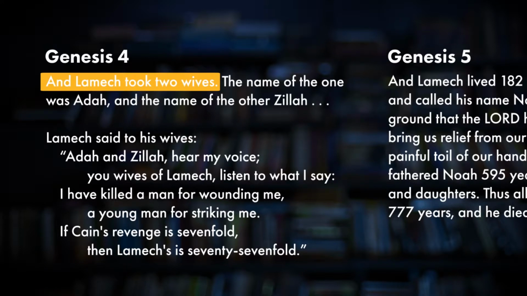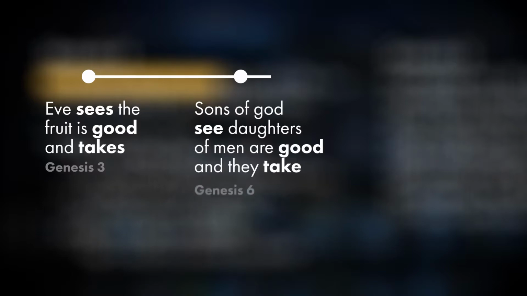Now, in the Bible, there's this pattern that will reoccur, and it's where someone sees something as good and they take it. So Eve sees that the fruit is good and she takes it. In Genesis chapter 6, the last straw before the flood is that you have these sons of God seeing that the daughters of men are good and taking them.